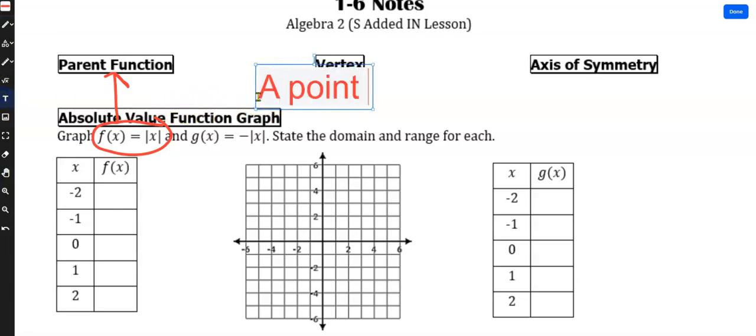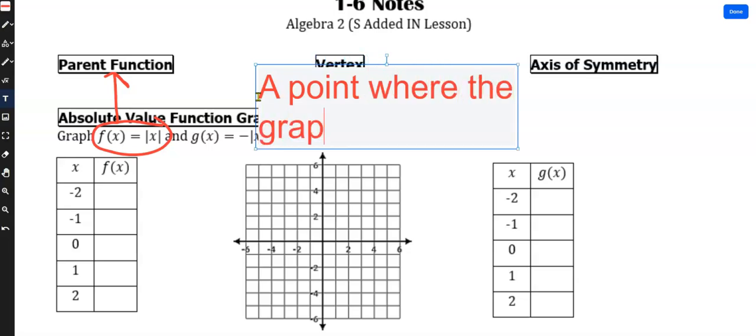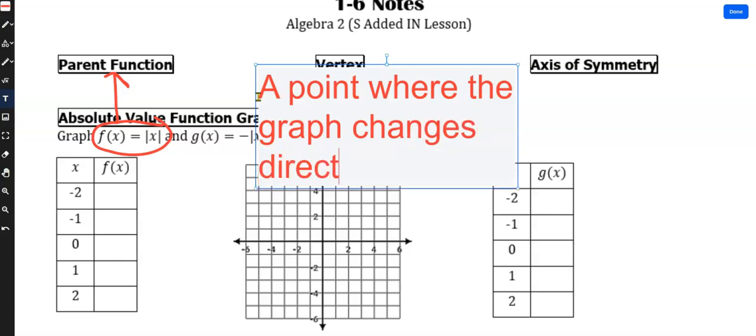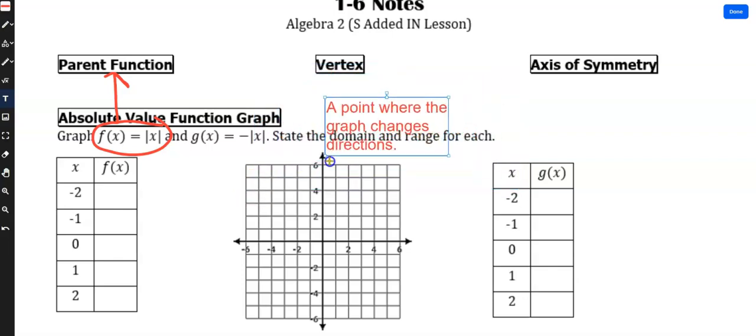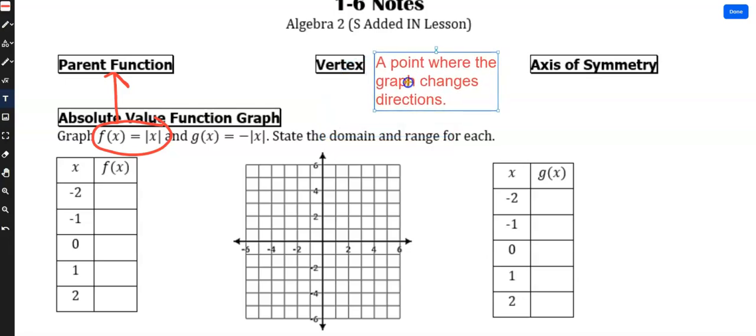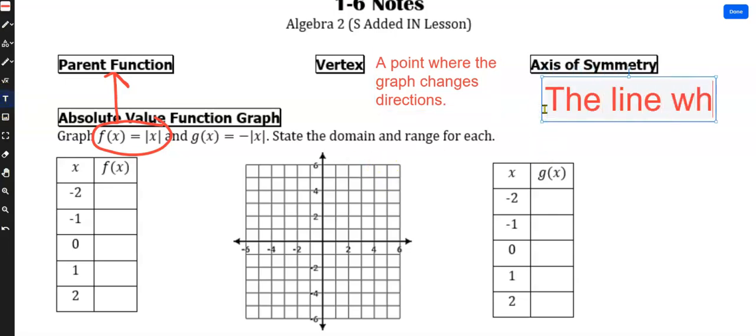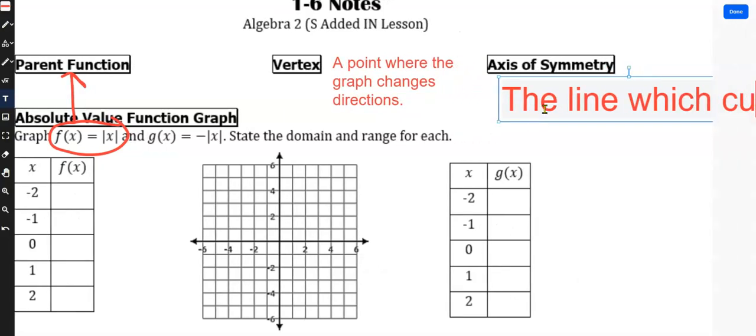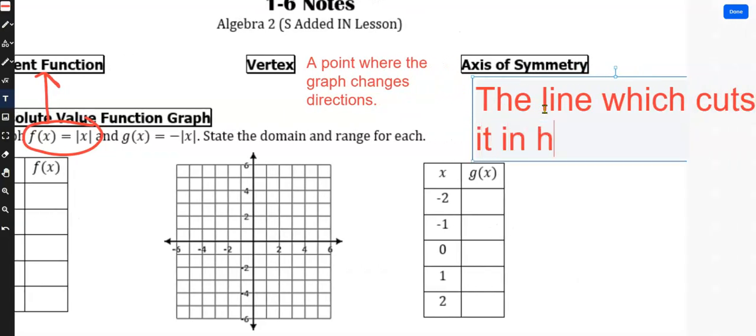A point where the graph changes directions. And then the axis of symmetry would be the line which cuts it in half.